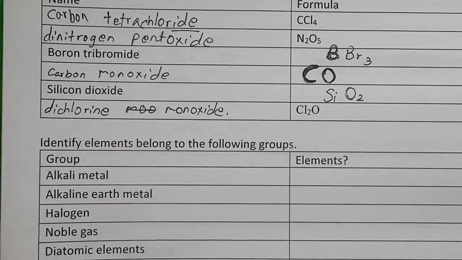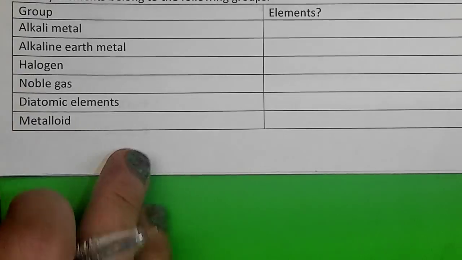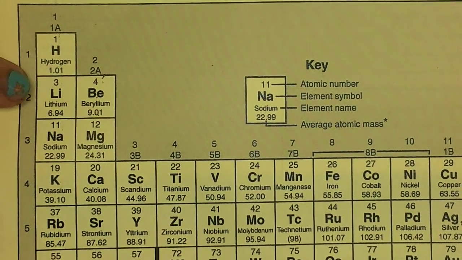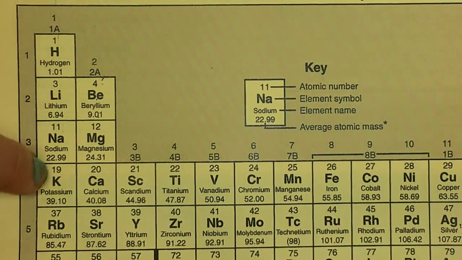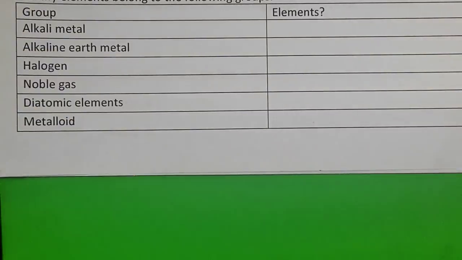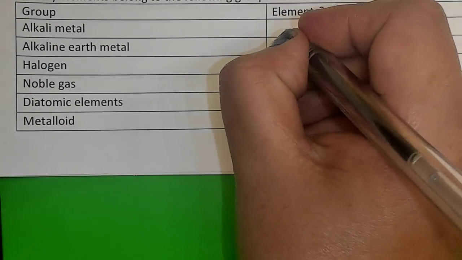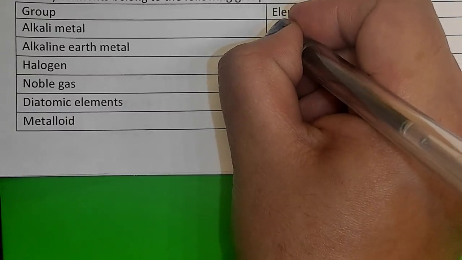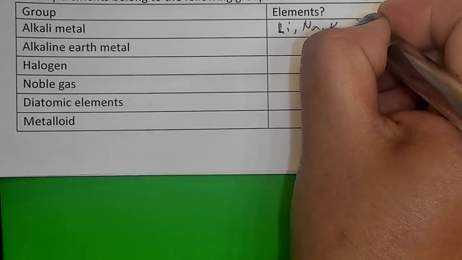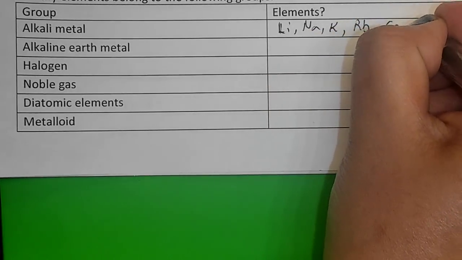All right. These are from the periodic table. You should know. Group 1, start from here. Alkali metal, alkaline earth metal, noble gases, halogen. Okay, you should know those. So that means it's Li, Na, K, Rb, Cs, Fr.